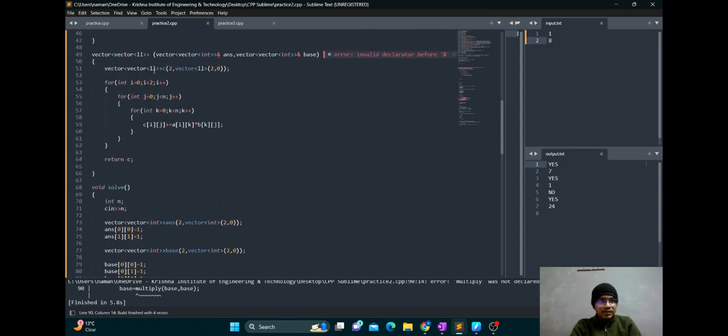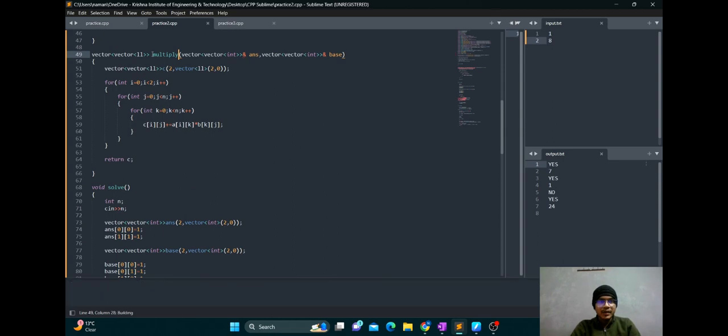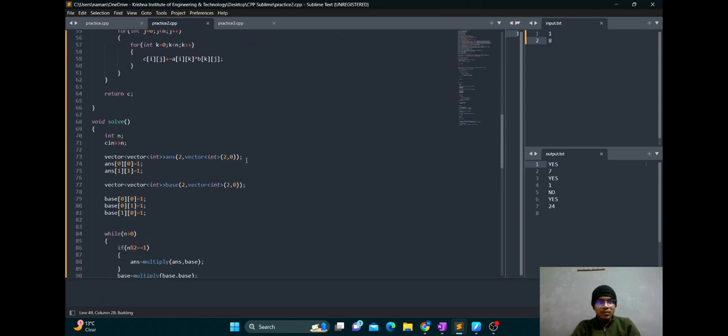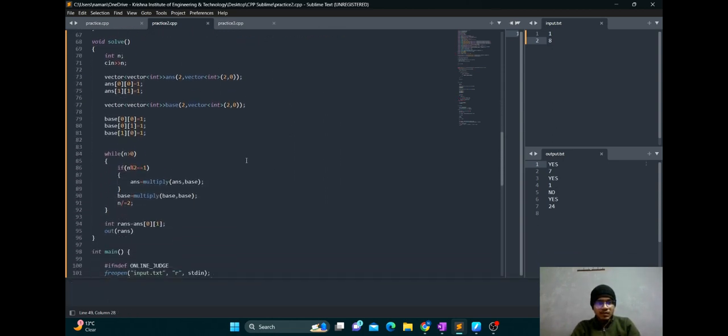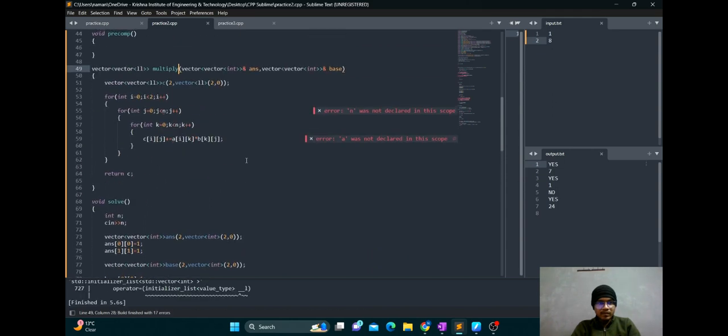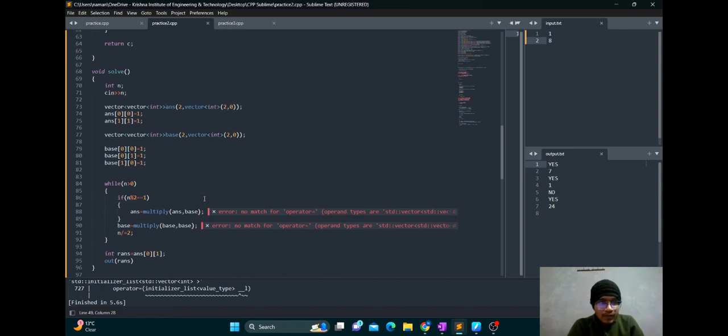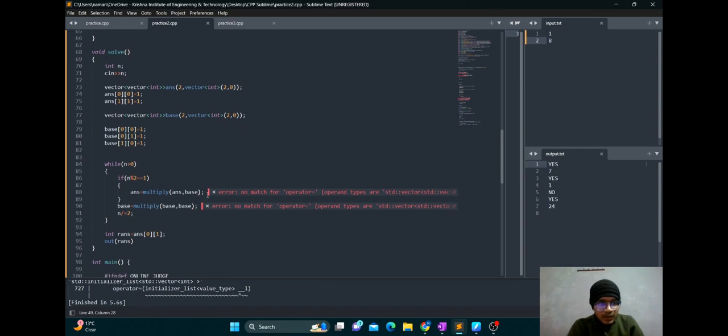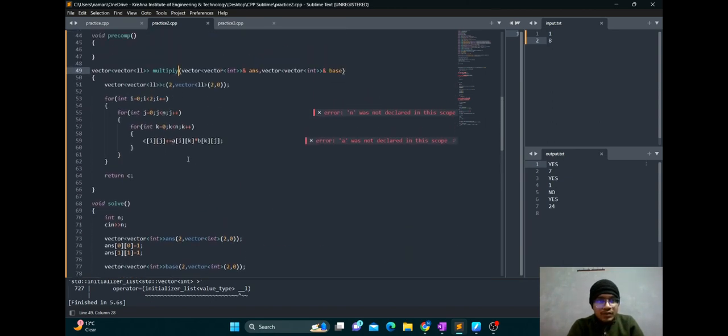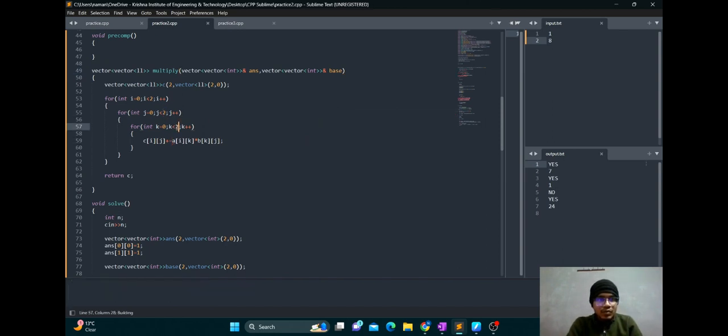Multiply function. No match for operator. Base comma base, and then it is 2.